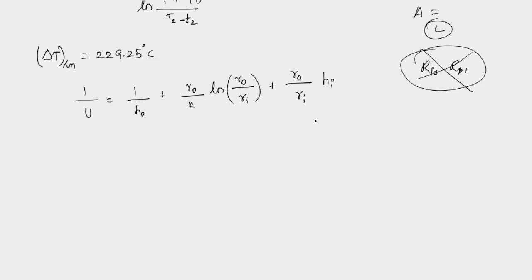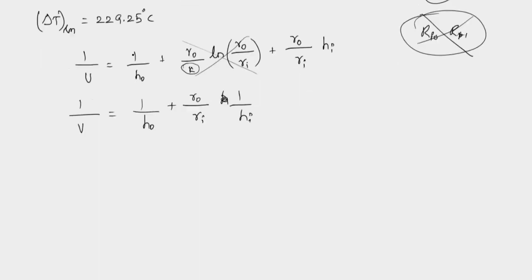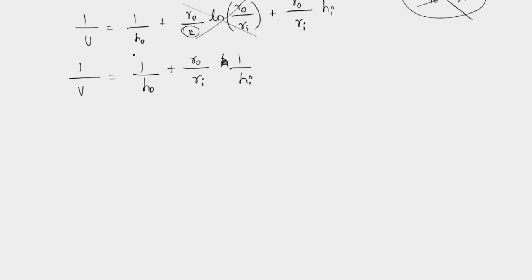Now in the problem the K value is also not given, so this term also has to be omitted. So the final equation will be 1 by U equal to 1 by H naught plus R naught divided by Ri into 1 by Hi. Substitute all the values: R naught is 0.04, Ri is 0.03. Substituting the values, you will get U value as 61.35 watt per meter square Kelvin.